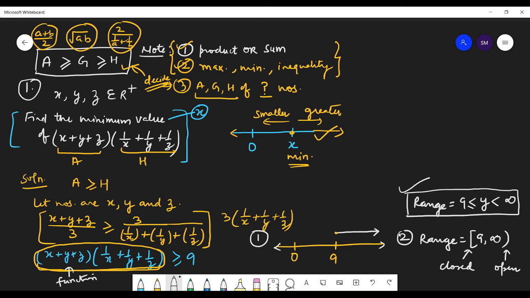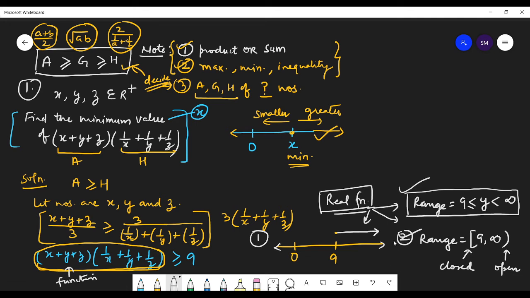But all of them are used only if we are dealing with a real function. Then only we use these three ways to tell the range.